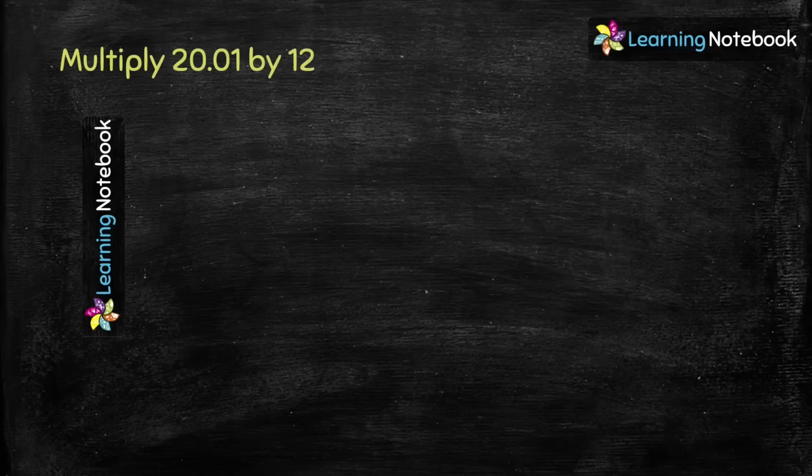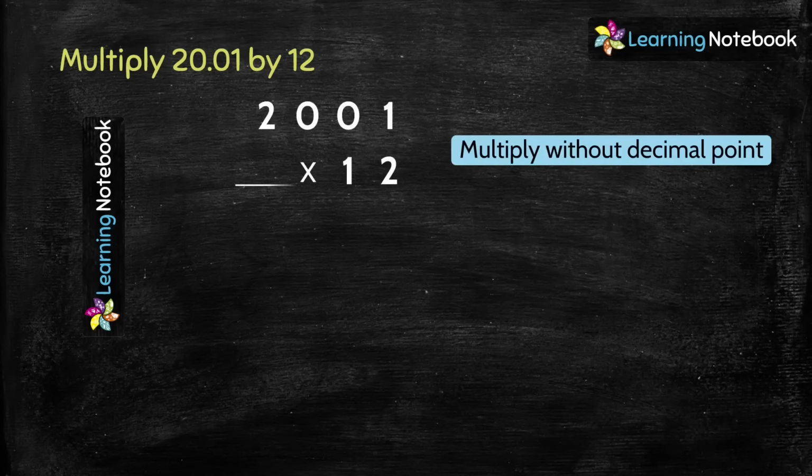Let's do one more question. Multiply 20.01 by 12. So first we will multiply these two numbers without decimal point.